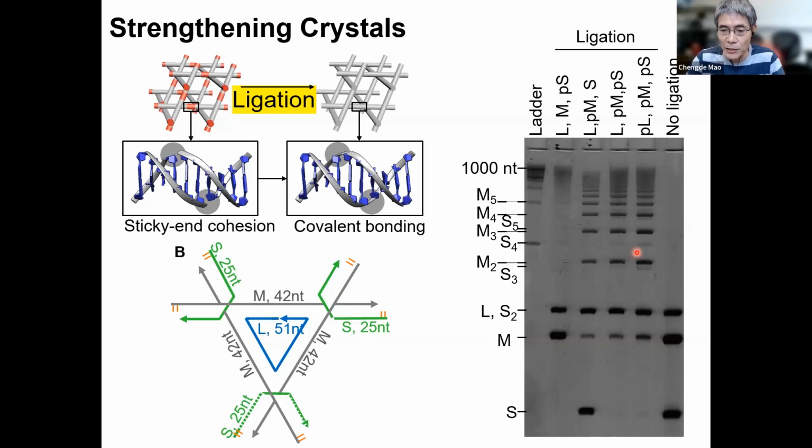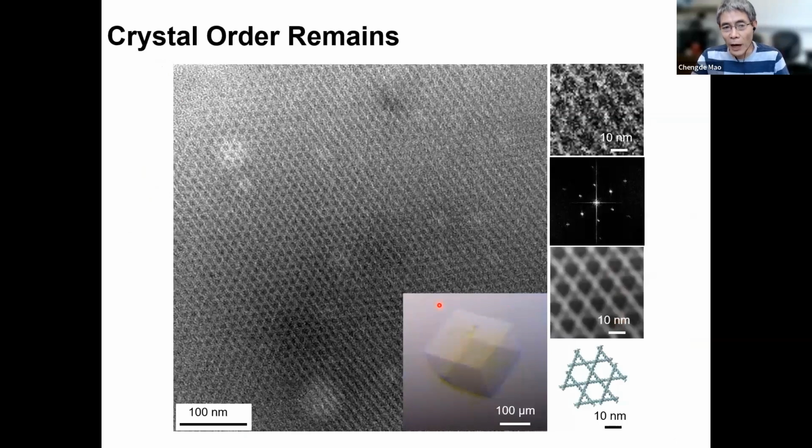So the ligation is very efficient. This here is a different lane, where we try to ligate a different molecule. But after ligation, the crystallinity, the structure, remains. That is the most important thing. If you look at the TEM image, you can see the crystallinity is still there. That's great.